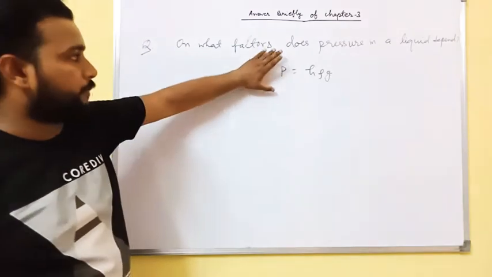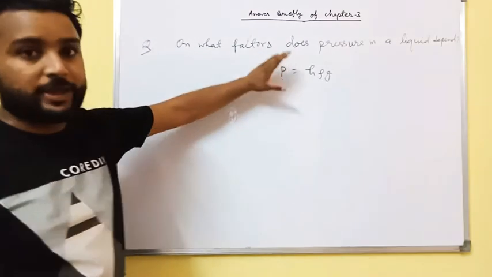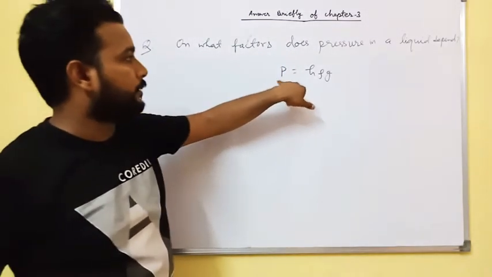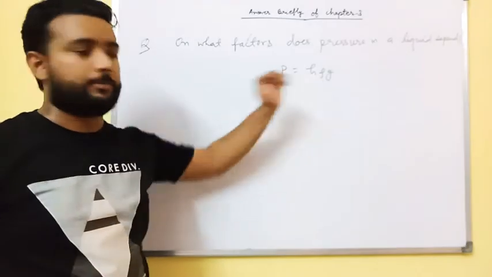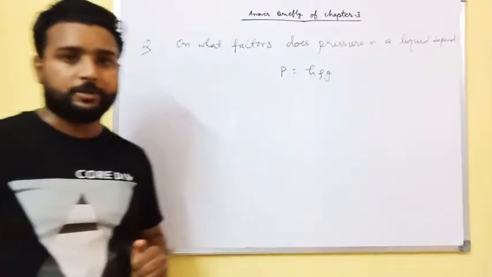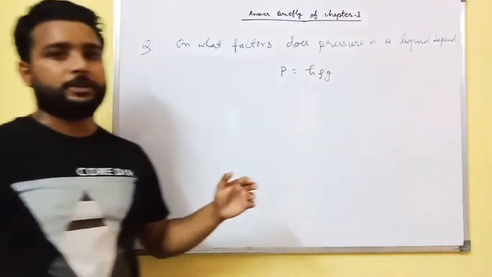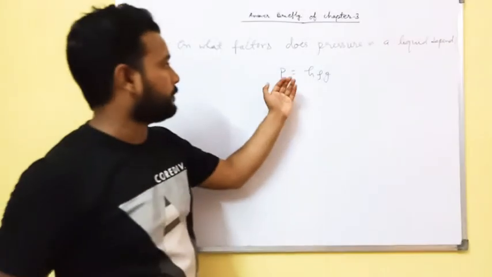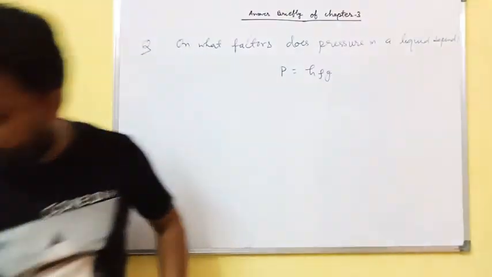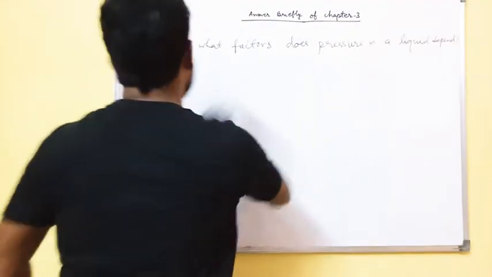So from this expression we have a relation between P and h, pressure and height of liquid. We have a relation between pressure and density. We have a relation between pressure and acceleration due to gravity. So we can write the answer for this question.